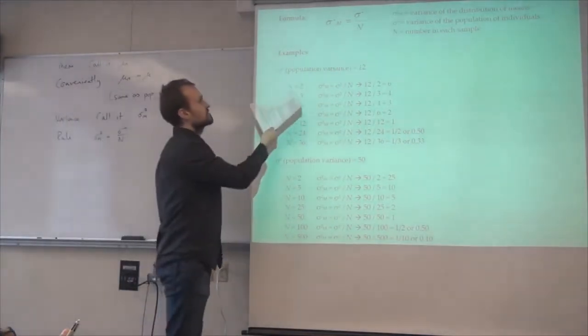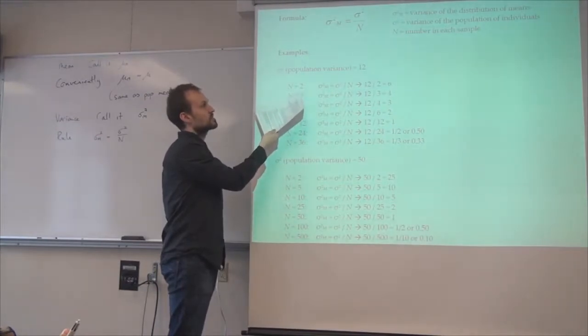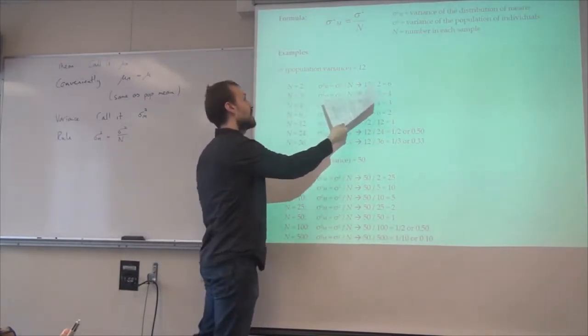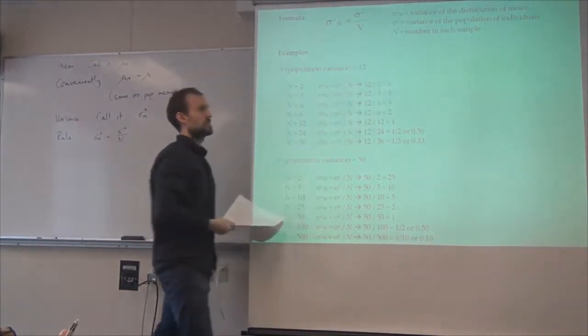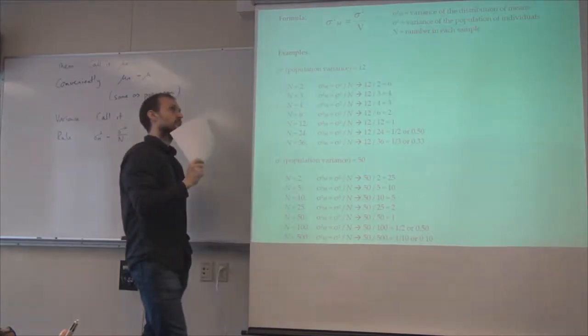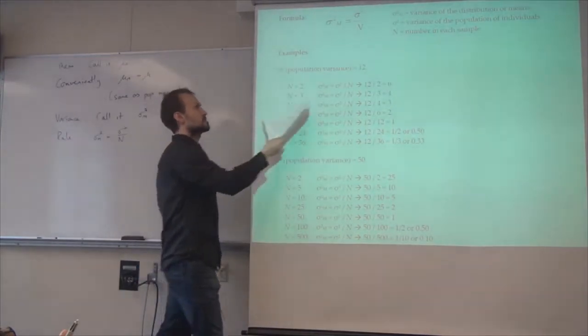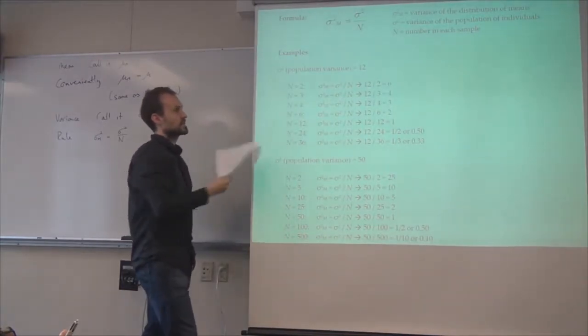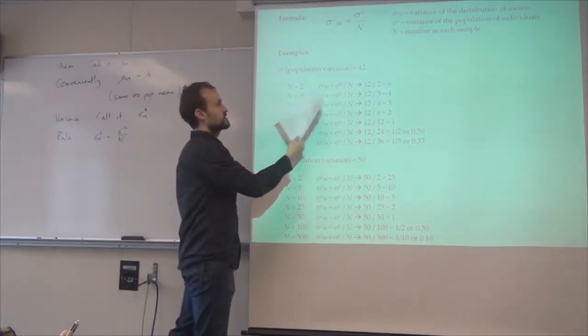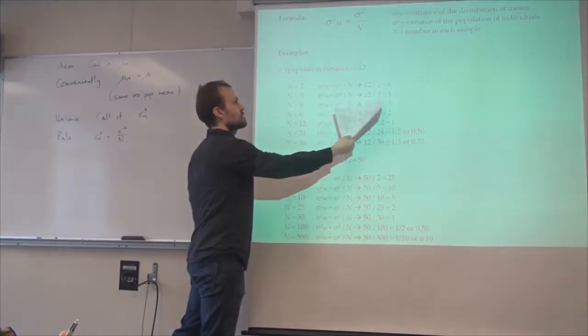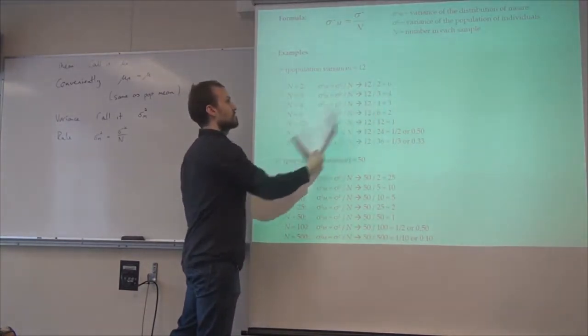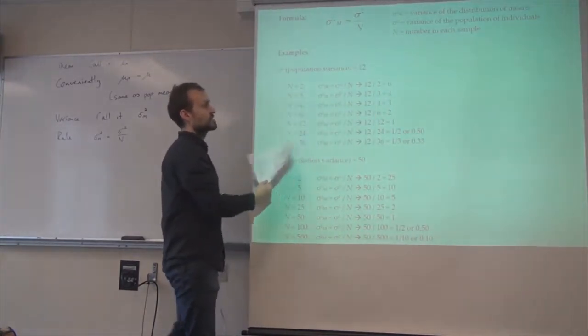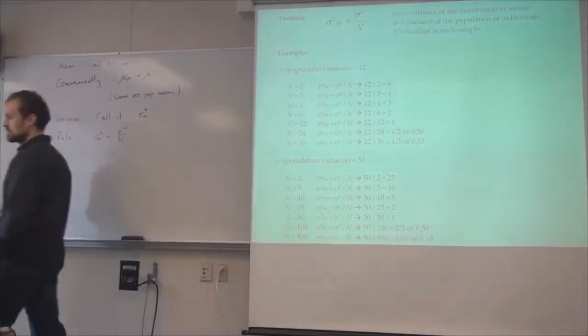If I have a sample size of 2 individuals, then it will be 12 divided by 2. Let's call this the variance of means, the 6. If I have a sample size of 3, then it's 12 divided by 3. 12 divided by 4, 12 divided by the size of the sample.